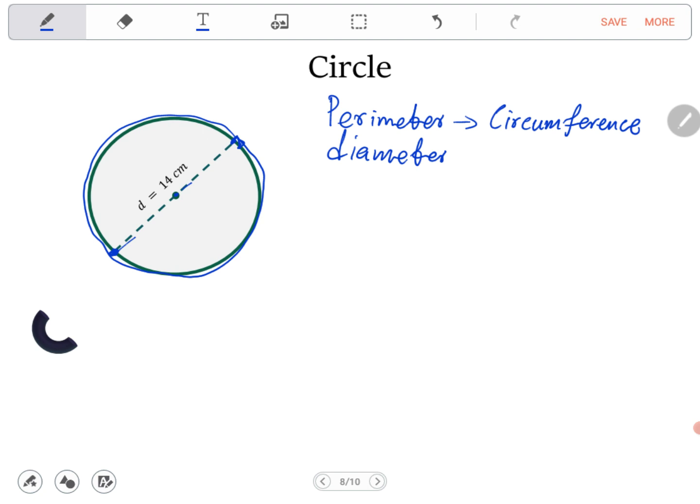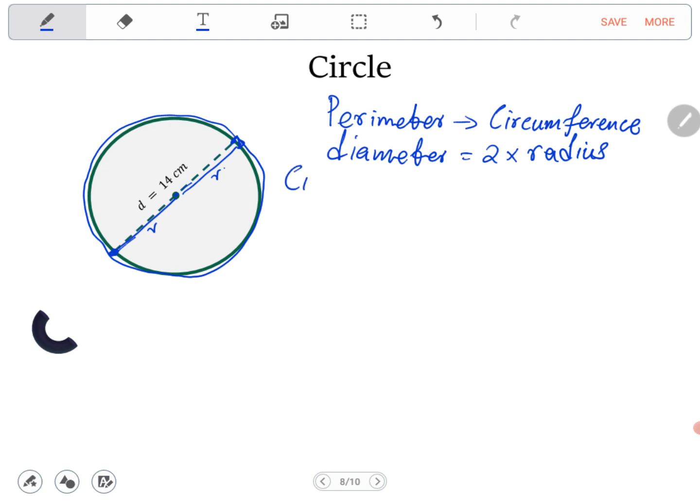All right, now a diameter is made out of two radiuses, so it's a radius here and another radius there. So the diameter is 2 times the radius. Now why is the radius important? It's because in our calculations we often use the radius instead of the diameter.